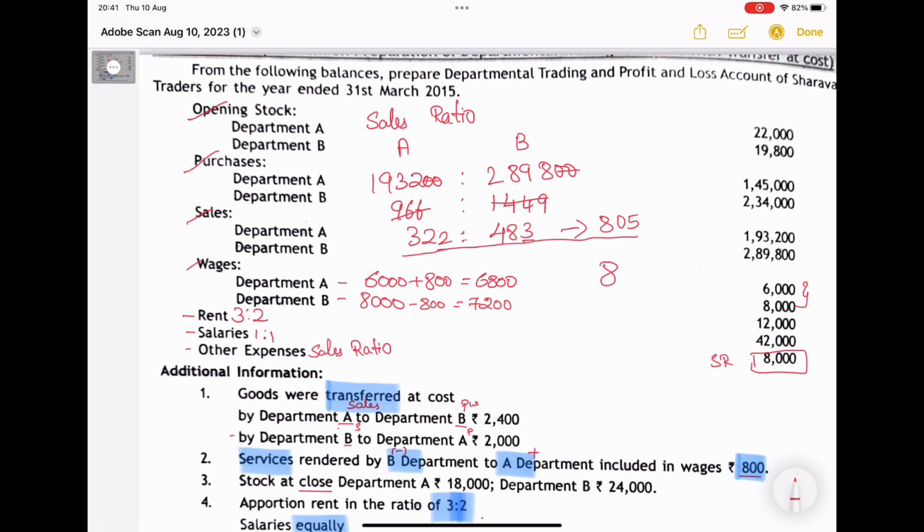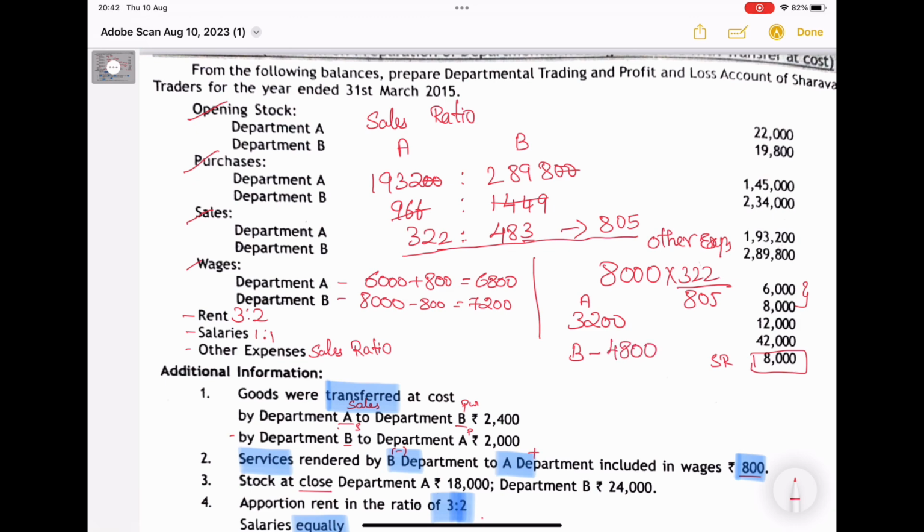So 8,000 into 3 by 8 and 5 by 8; if you calculate, you get 3,200 for A, and for B 4,800.